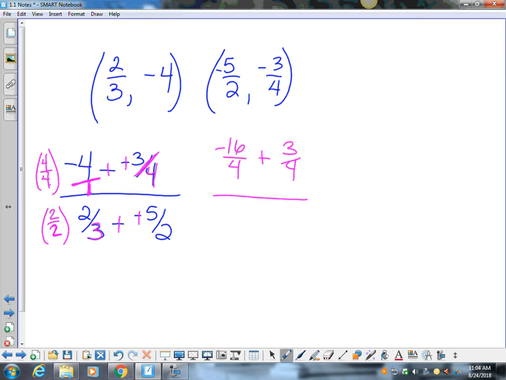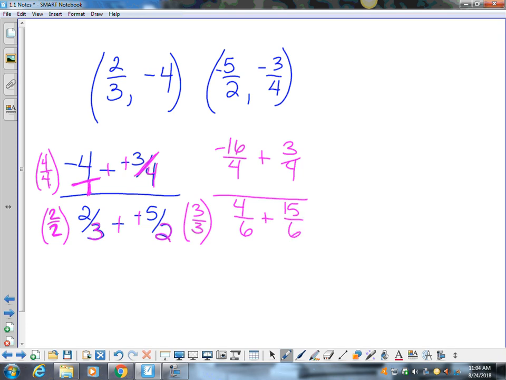So I'm giving the bottom a 2, but I also have to give the top a 2 because 2 over 2 is 1, and that's what makes it legal. Now this denominator is a 2. If I'm trying to turn him into a 6, he needs a 3. So the bottom is going to become top times top, bottom times bottom. 4 over 6. And the second one's going to be 15 over 6.